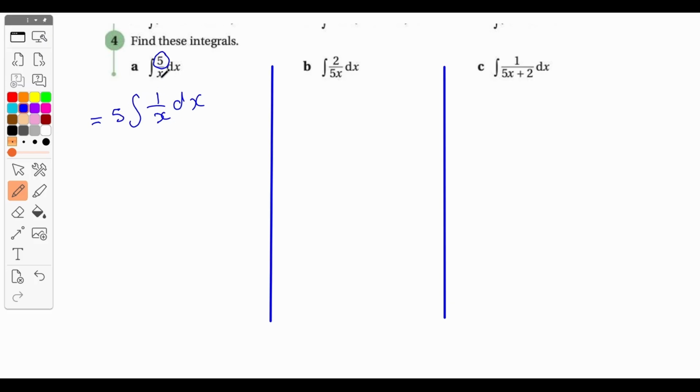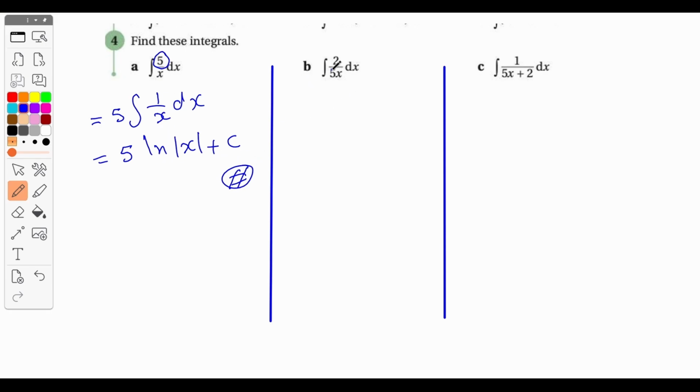So 5 over x could be written as 5, the integral of 1 over x dx. What's the integral of 1 over x? So it's 5 ln of the modulus of x plus c. Very simple. So you should write 5 as it is, and the integral of 1 over x is ln of the modulus of x plus c.